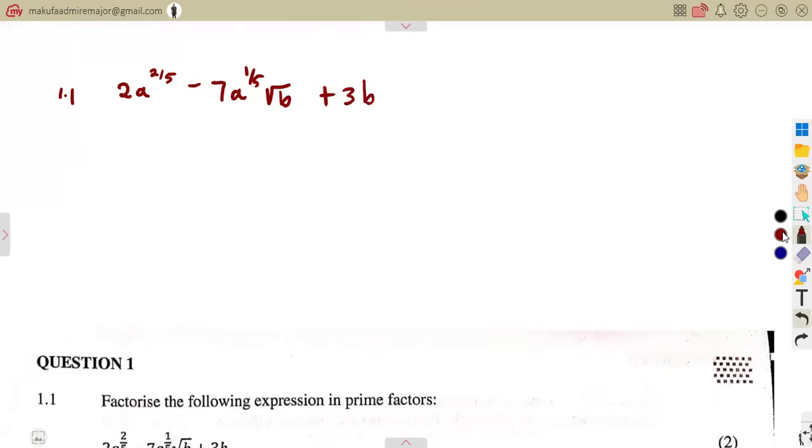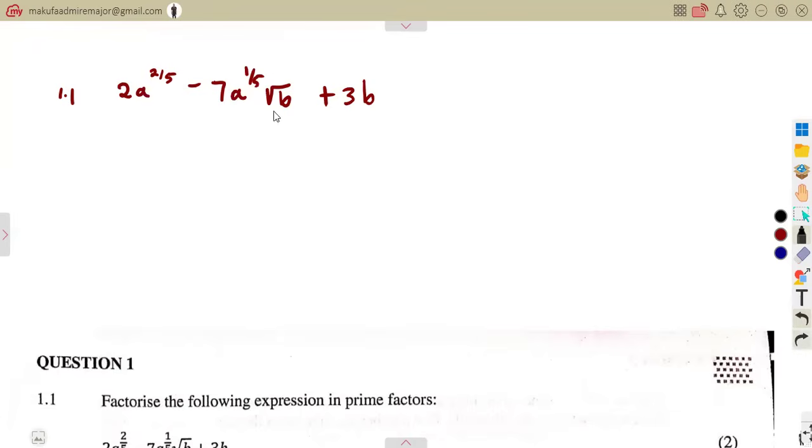I want you to remember your quadratic expressions, the ones that you are used to. They are trying to disguise that quadratic expression with these fractions that you are seeing here, and also the square root that we are seeing there.